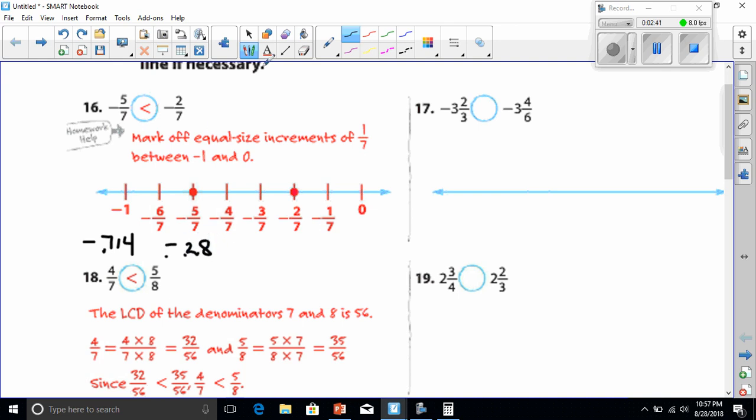Now, right away, you might think, well, Mr. Mendez, this did not come out right, because obviously 714 is bigger than 28.